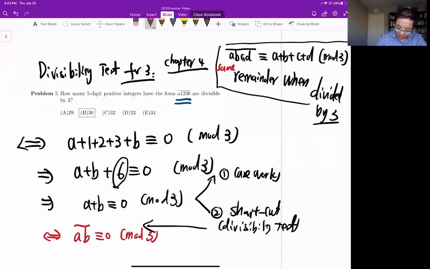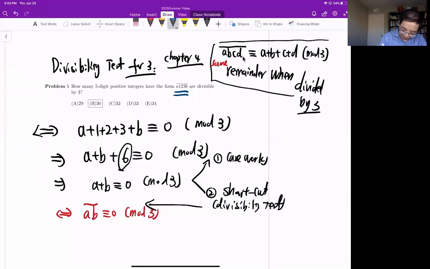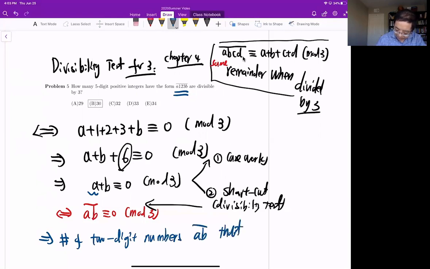Because A cannot be 0, AB together is indeed a regular 2-digit number. So basically we just need to find the number of 2-digit numbers AB that are divisible by 3.